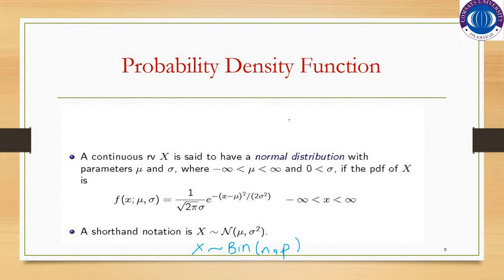Likewise, you can write it for the Poisson distribution. X is following Poisson, this is the shorthand notation with parameter lambda into t, or you can write it for the Bernoulli.